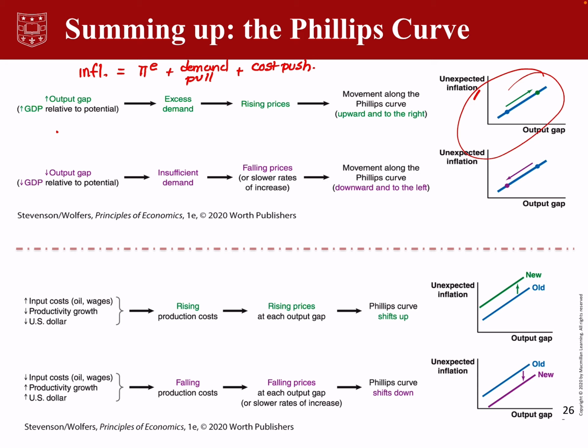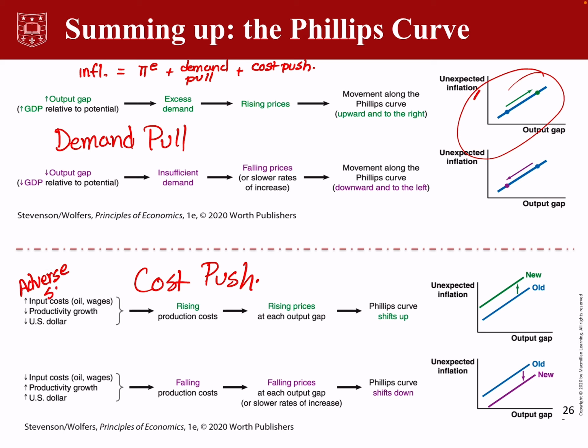When we talk about cost push, so this is demand pull, of course. Should have labeled it, but I didn't. Down here, we're describing cost push inflation. Cost push inflation is happening because we have supply shocks. So these are adverse supply shocks, and these are positive or favorable supply shocks.